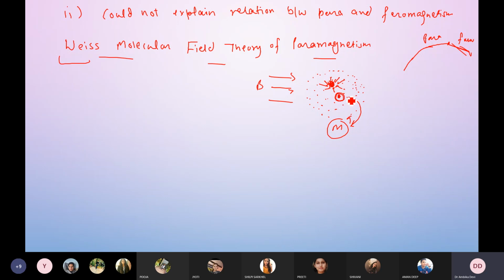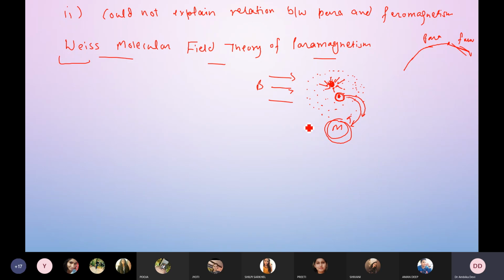But in Weiss molecular field theory, we are taking this internal field into account, and then the entire magnetization will change, right? A certain value will be added to this magnetization. So let us see how the internal molecular field impacts the overall magnetization of paramagnetic materials, right?